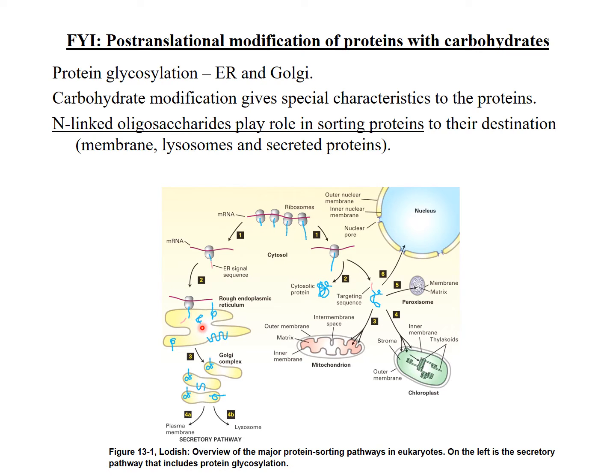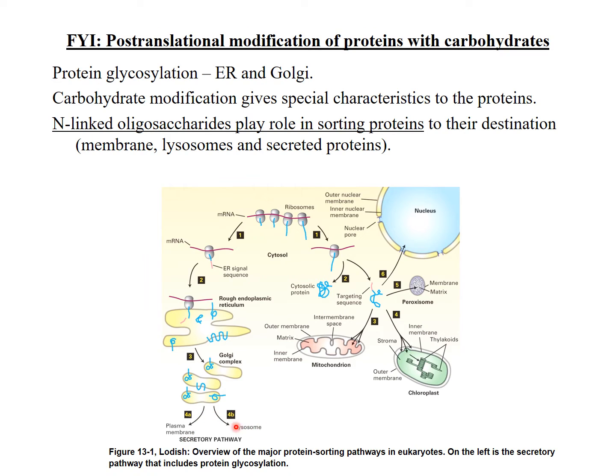They put the freshly synthesized nascent protein into the ER, and in the ER, a lot of different modifications will happen, including the attachment of carbohydrates to this nascent protein. Then it goes to the Golgi for further modifications, and this pathway is called the secretory pathway.